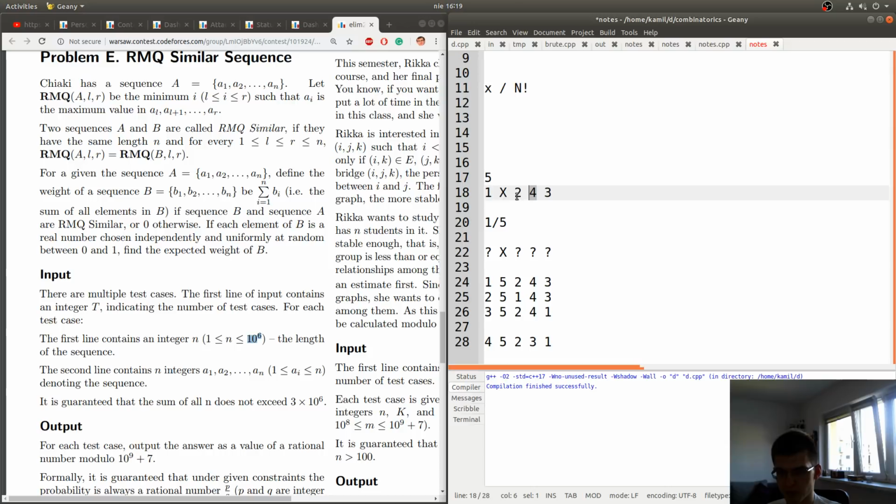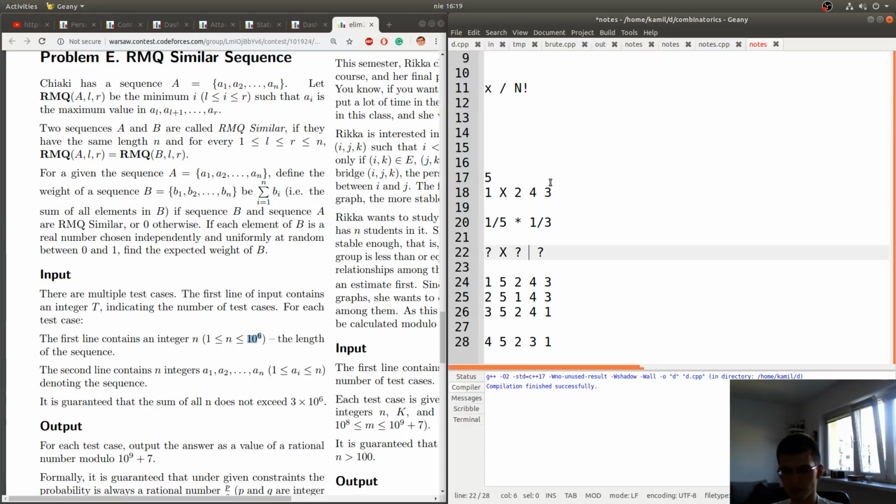But we can't compare between this and this because of this bigger value between. So in this permutation, this should be a value that is bigger than anything here. And what is the probability of that? It doesn't matter what we chose here. The probability that this is the biggest value here is just 1 divided by 3.